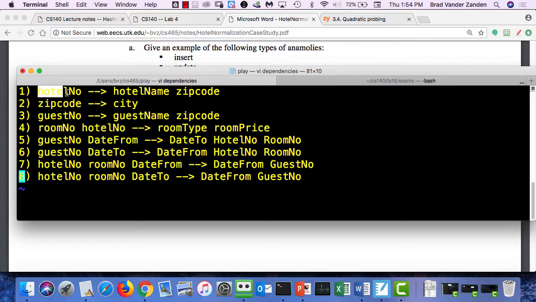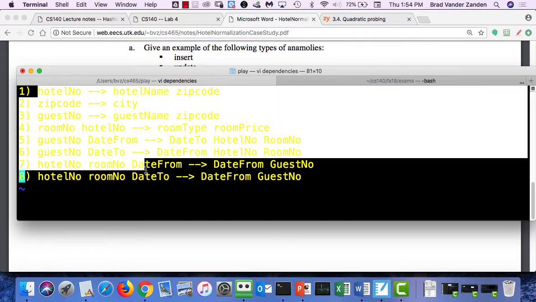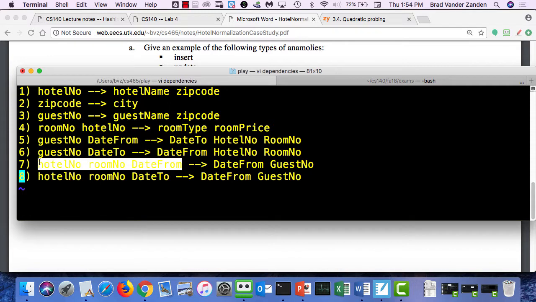So hotel number, the left side determinant of that functional dependency, is a proper subset of my primary key. So 1 is a partial dependency. Give me another one. 4, very good. Room number and hotel number are a proper subset. Anything else? No. But good question, though.